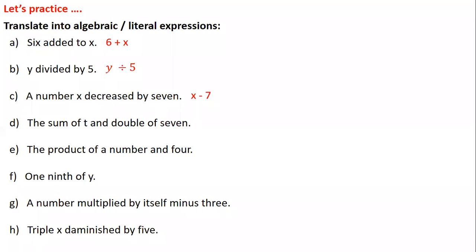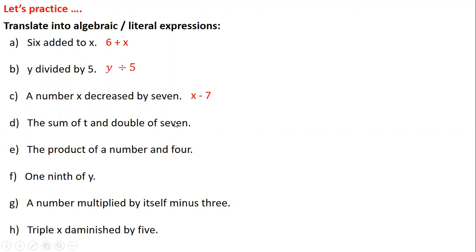Now I will move to Angelina. Yes, Angelina. Yes, miss. The sum, which operation do we use? Plus. The sum of t. So who am I adding? I'm adding t plus double of 7.